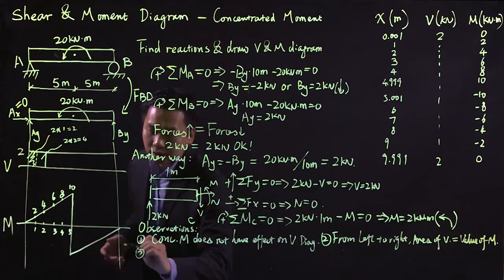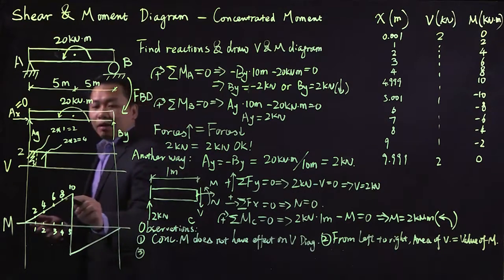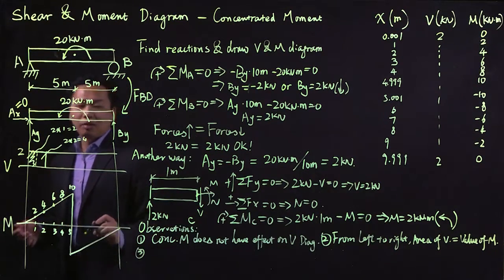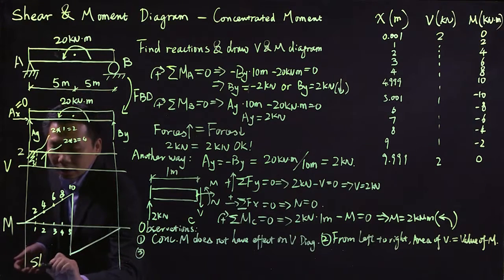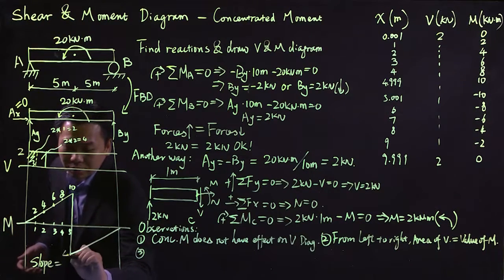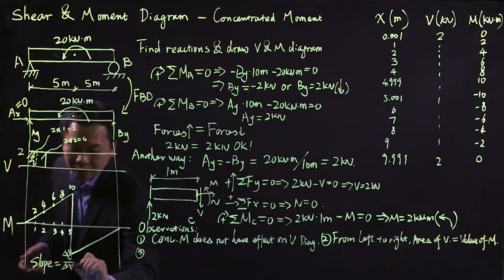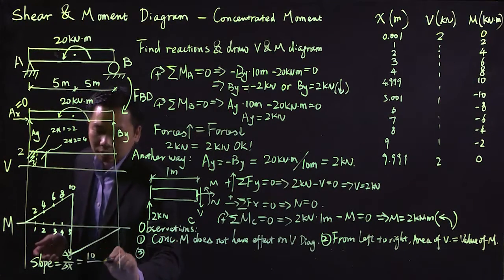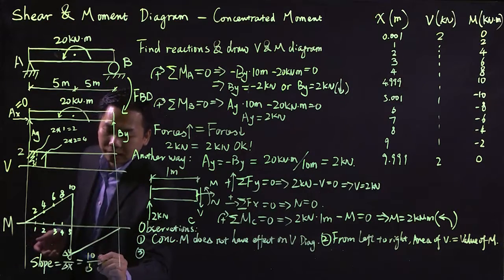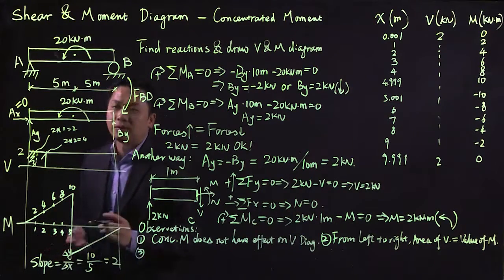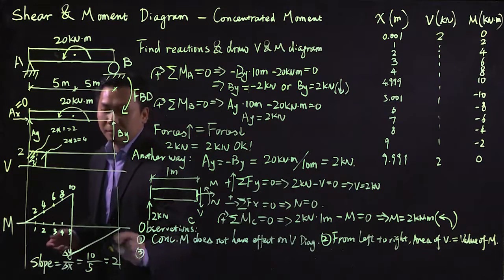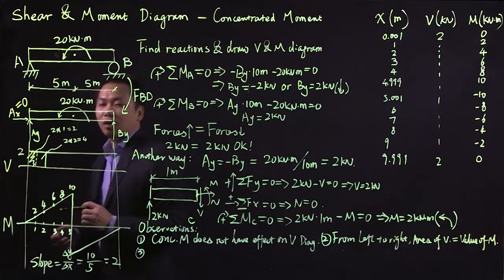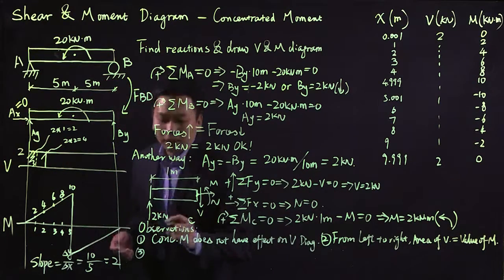The third point: if we calculate the slope of this moment diagram, the slope is equal to delta y divided by delta x. Delta y is 10, delta x for this is 5. That is equal to 2, which happens to be equal to the value of your shear diagram.